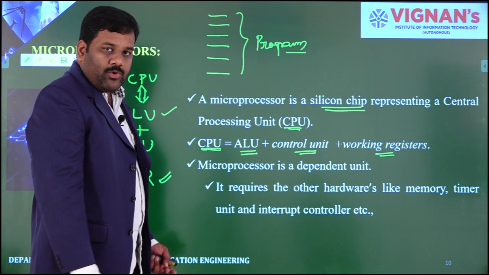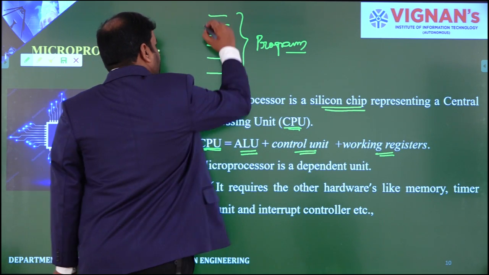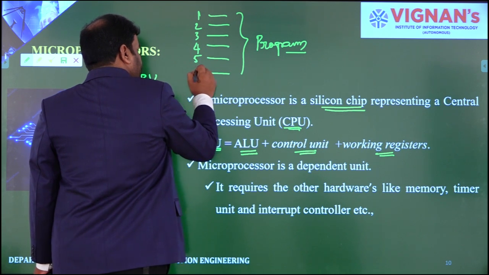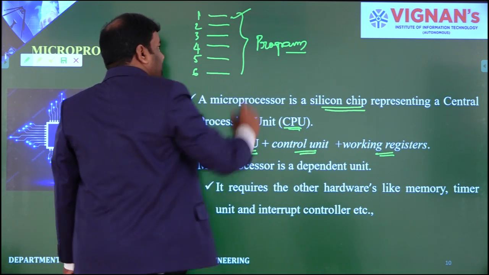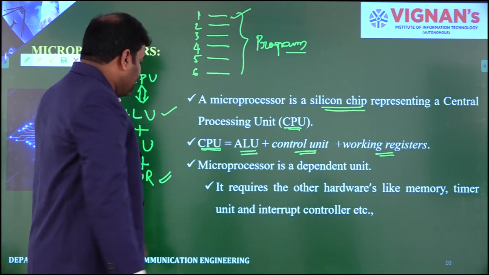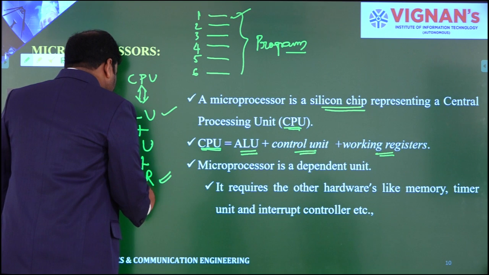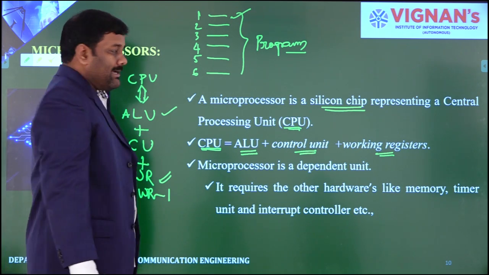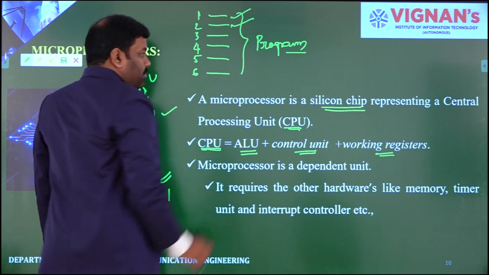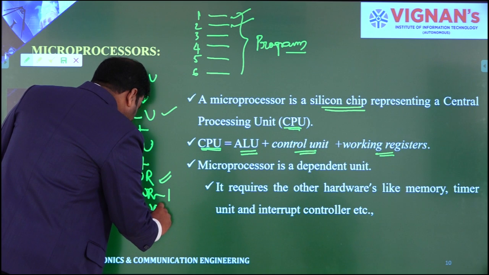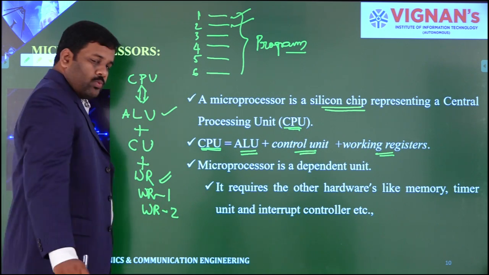When I am executing or compiling this program, when the first statement is executed, that first statement's output has to be stored in working register 1. Then the second statement will execute, and once it executes, its output will be stored in working register 2.